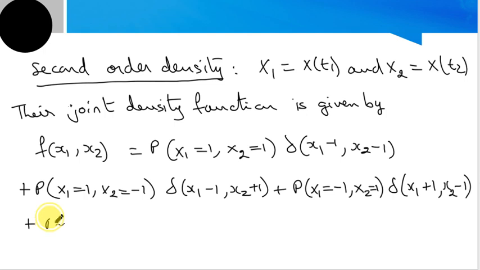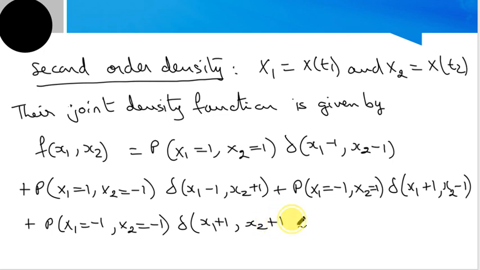Then both taking negative values, so x1 equal to minus 1 and x2 also equal to minus 1 into delta of x1 plus 1 comma x2 plus 1. So all these four are possibilities.